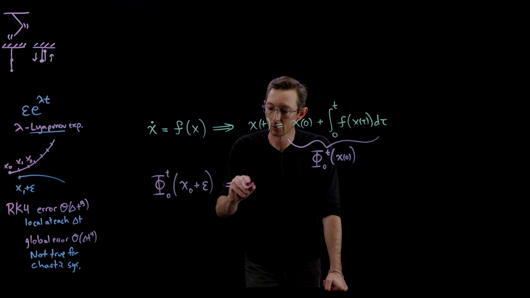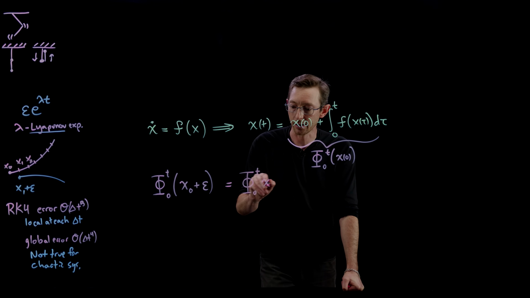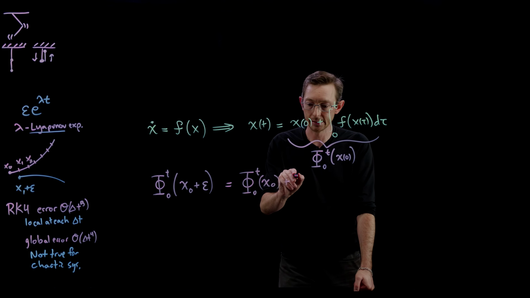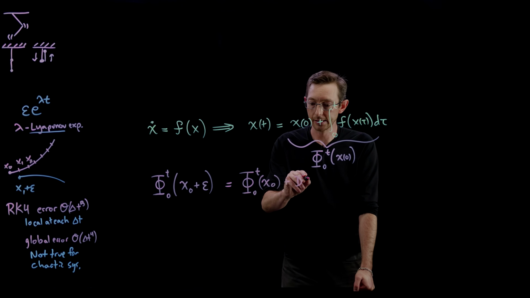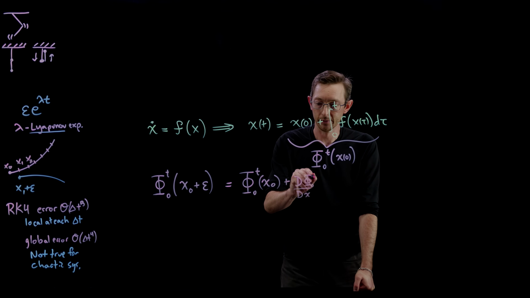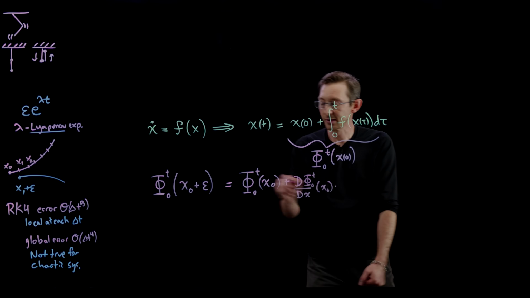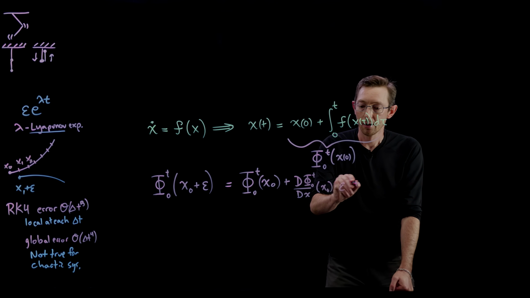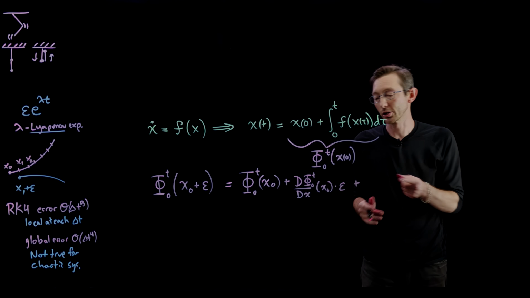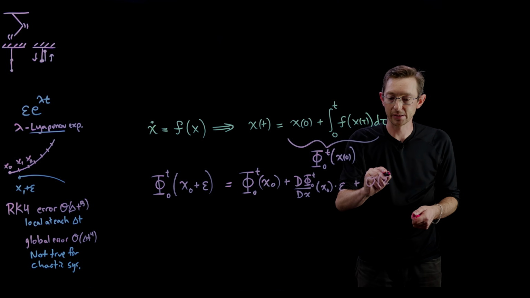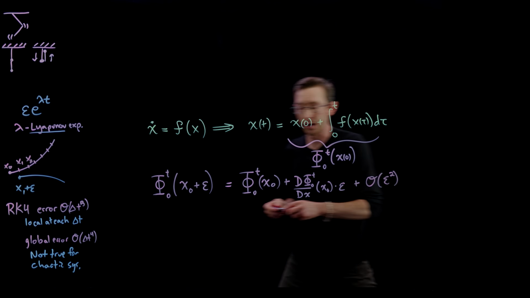And this is going to equal the flow map that I want, this phi 0t of x naught, plus the Jacobian of this flow map, let's say d phi dx, 0 to t, evaluated at x naught, times my epsilon, plus higher order terms, order epsilon squared and higher, okay?